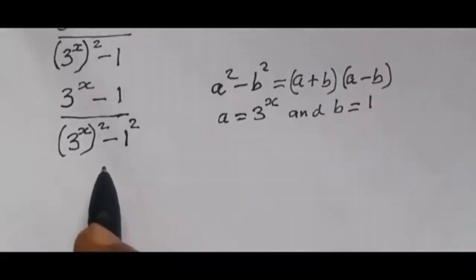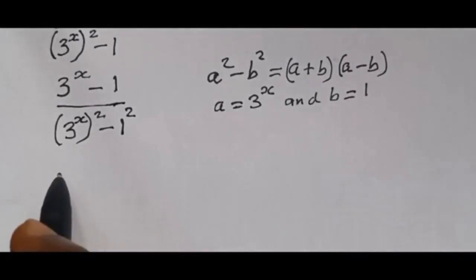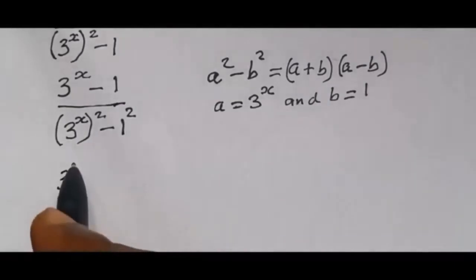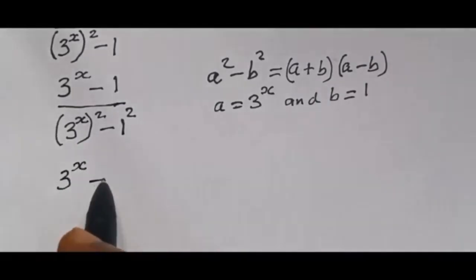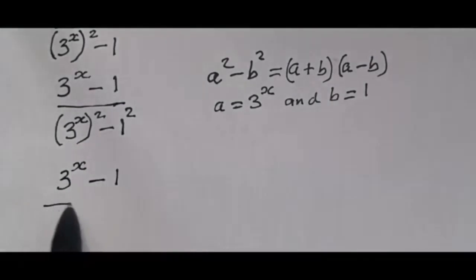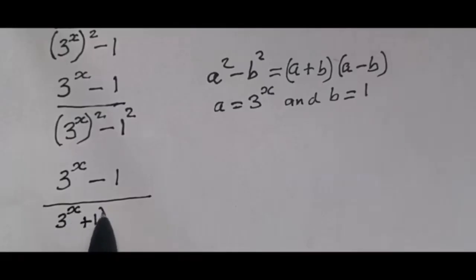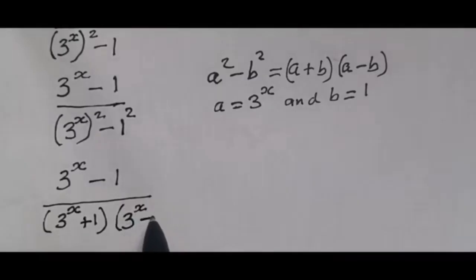So we have 3 raised to power x minus 1 over 3 raised to power x plus 1 in the bracket, then 3 raised to power x minus 1 in the bracket.